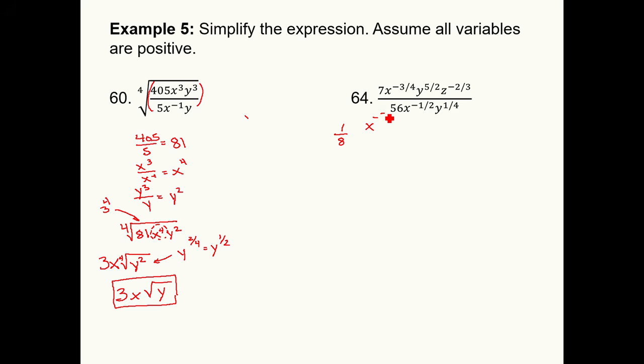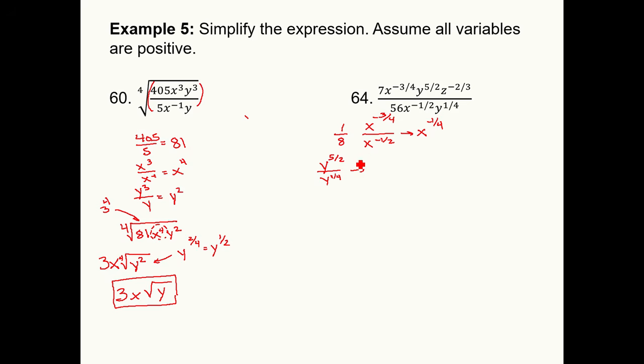I've also got x to the negative 3/4 over x to the negative 1/2. Well, that cleans up into x to the negative 3/4 minus negative 1/2. That's x to the negative 1/4. I've also got hidden in that fraction y to the 5/2 over y to the positive 1/4.